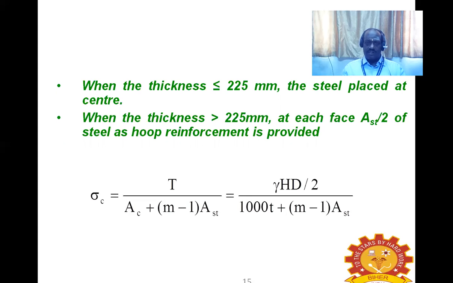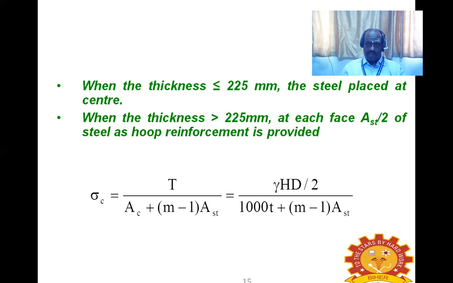When the thickness is greater than 225 mm, then we need to go for the reinforcement on both the faces, in the sense we can have the reinforcement near the water surface, and the other face which is away from the water surface.